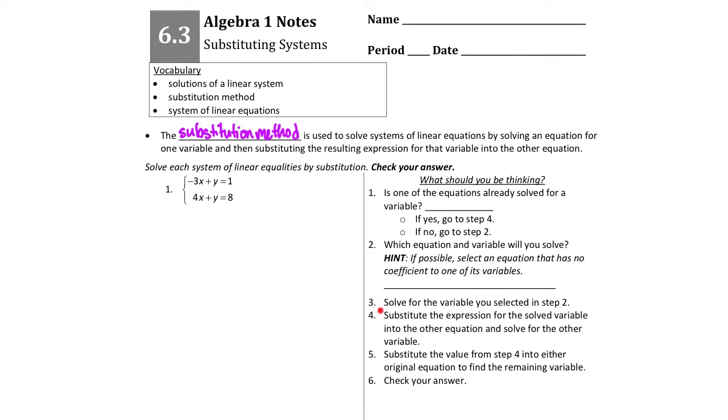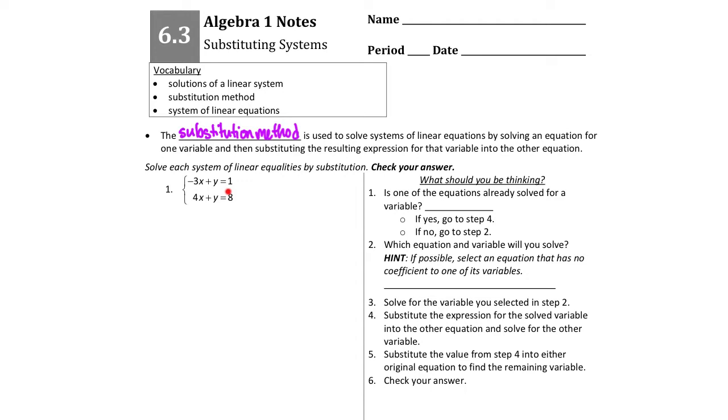Now, just so you know, it may not always take 6 steps. We might get to skip some steps. So let's start with the first one. In step 1, is one of the equations already solved for a variable? So what does that mean?